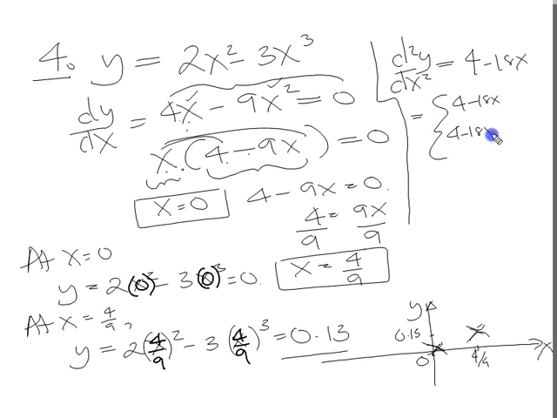The input is 0, so if I put 0 here, 18 times 0 is 0, 4 take 0 is 4, which is positive, so it's a min. So when x is 0, here we have a minimum.